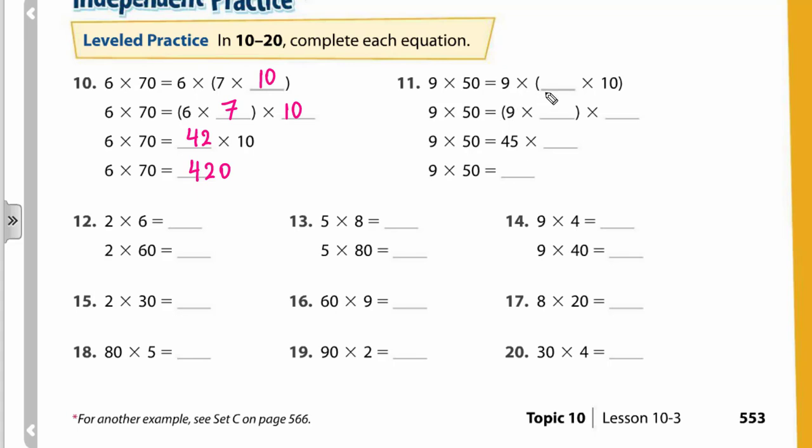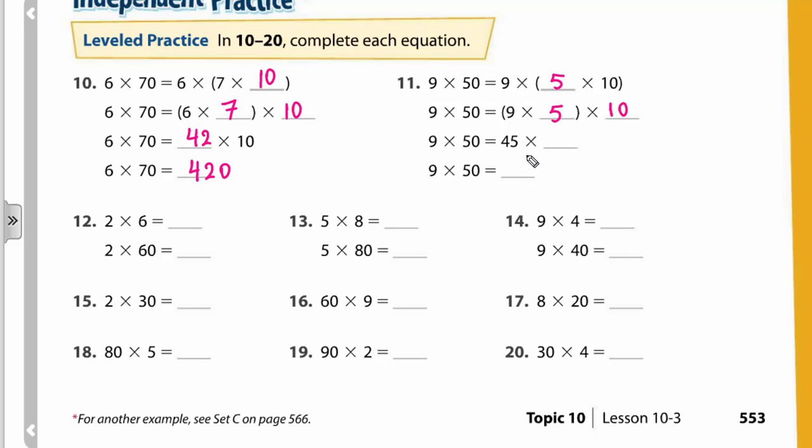9 multiply 5. So we will make 50 into 5 times 10. Then we will use the associative property. So it will be 9 times 5, multiply 10. We just change the place of the bracket, the grouping.